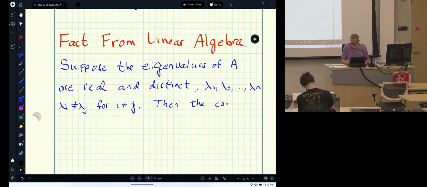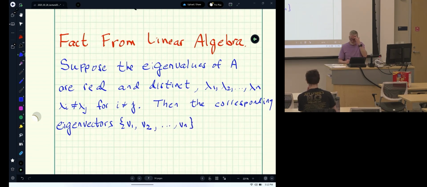Then the corresponding eigenvectors, so we'll have vector v1 associated with lambda 1, v2, dot dot dot, vn associated with lambda n.